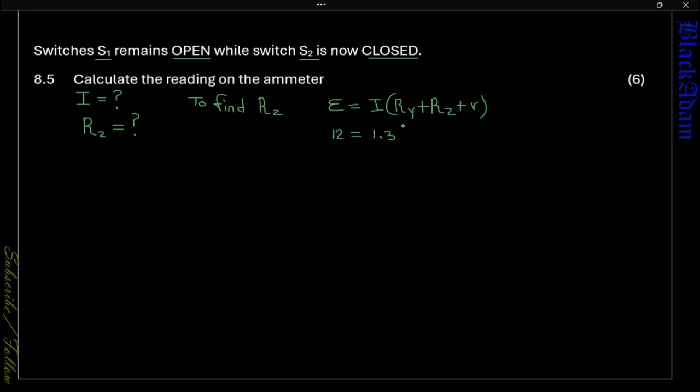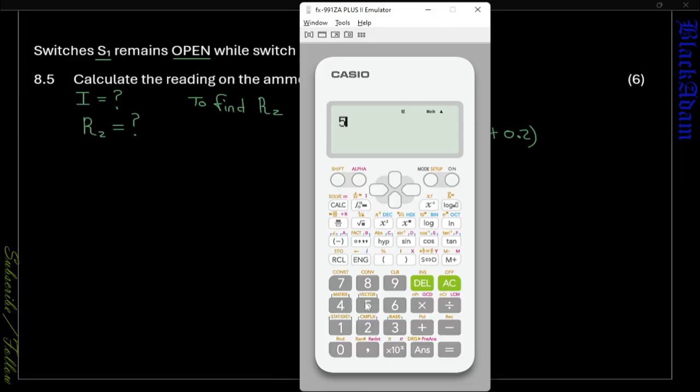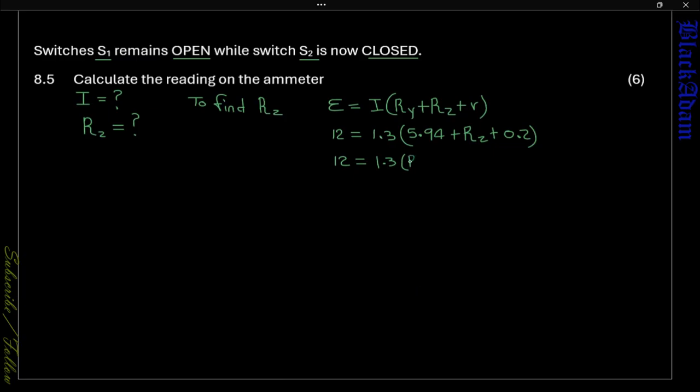The current, given as 1.3, and the resistor Y is 5.94, and Z is what we don't know, and our internal resistance is 0.2. 5.94 plus 0.2 gives us 6.14.